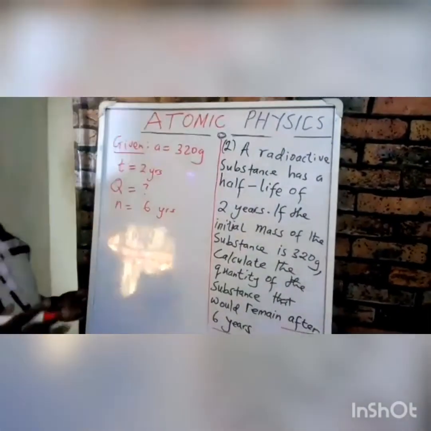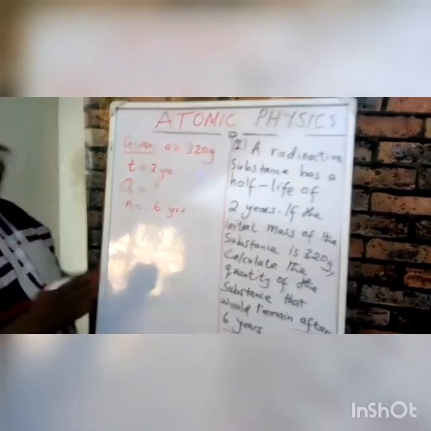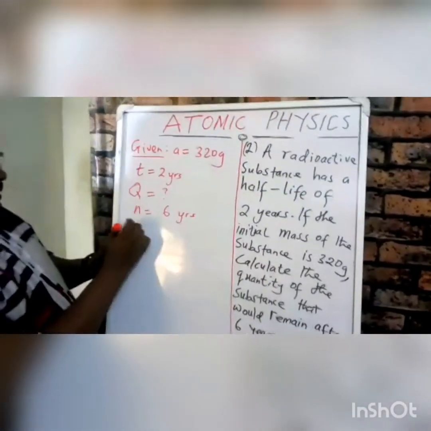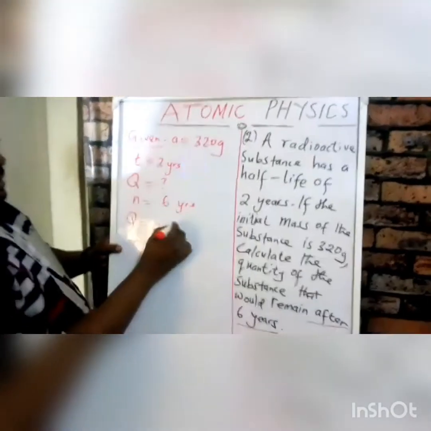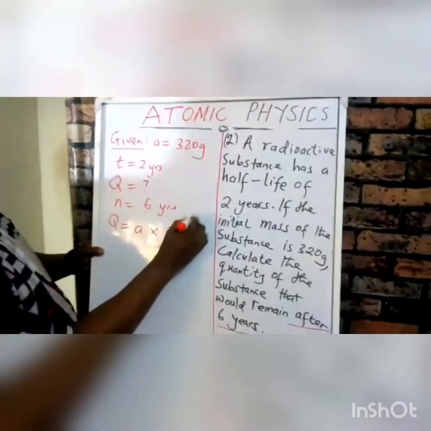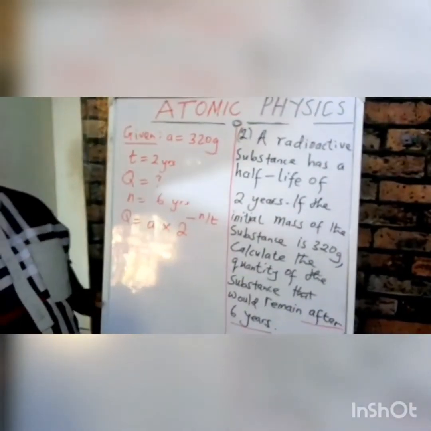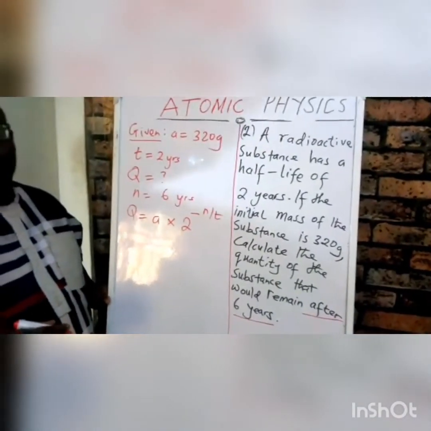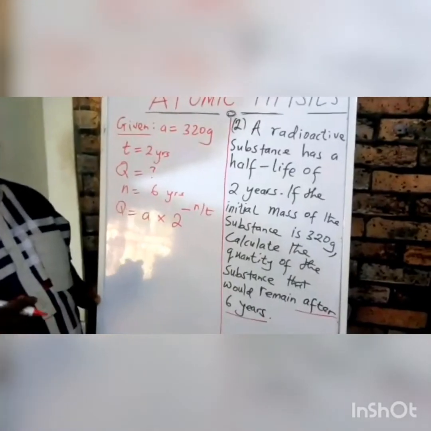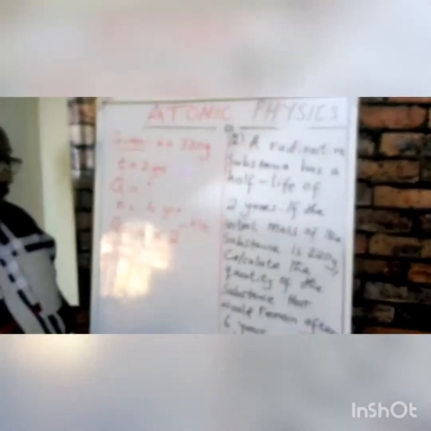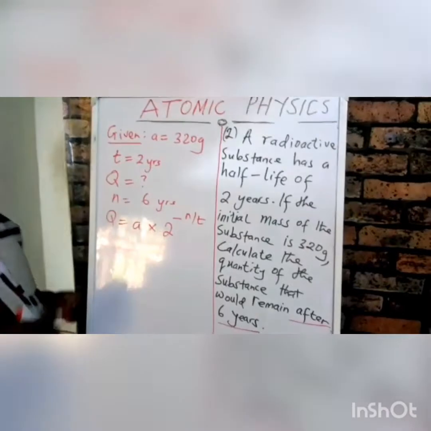Again, our exponential decay formula will come in handy here. Q is A times 2 raised to the power minus N over T. By now, the formula should be getting so used to you that you could almost write it from memory, off the top of your head.